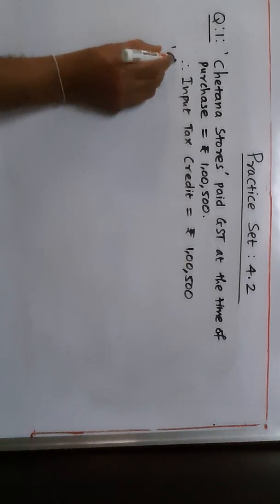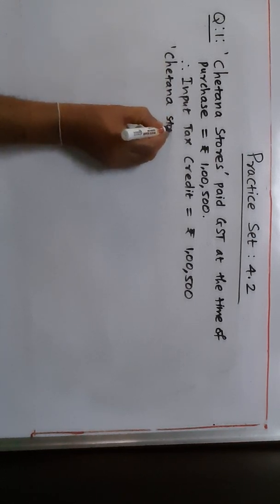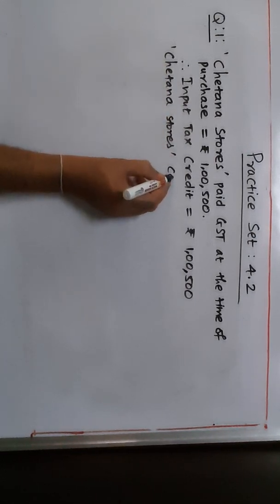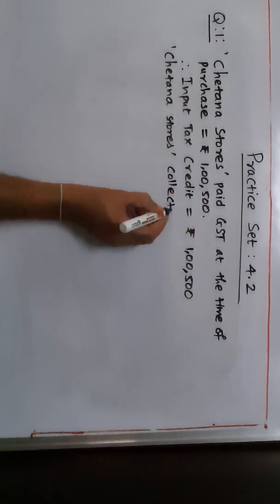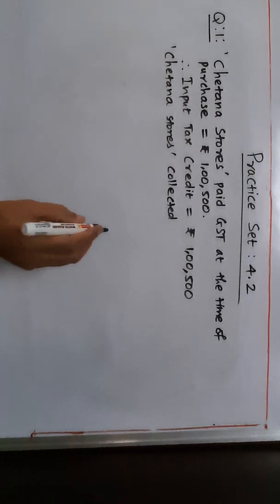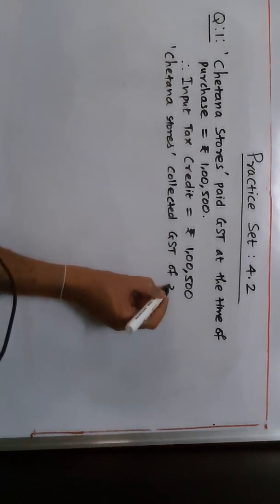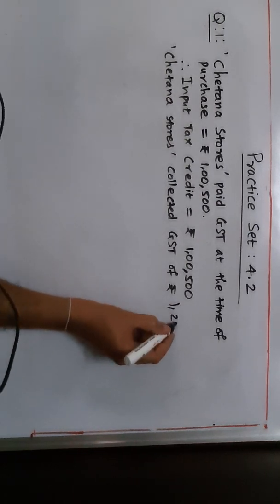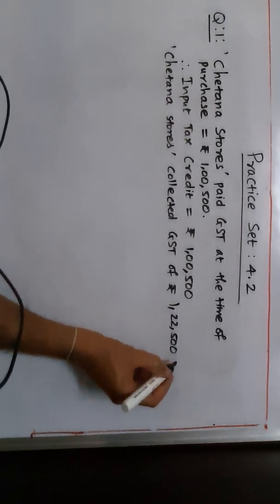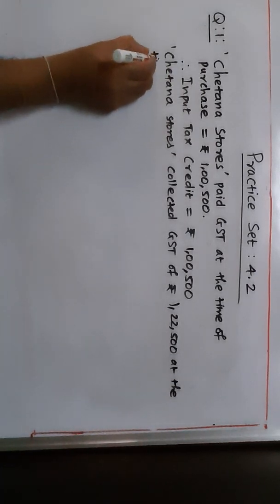Now it is also said that Chetna Stores collected GST of rupees 1,22,500 at the time of sale.